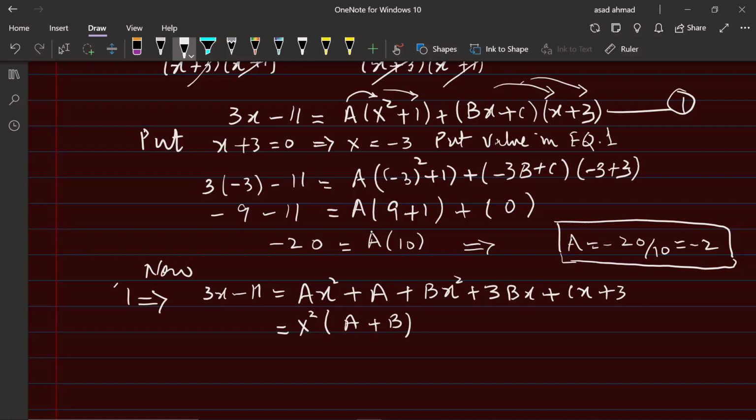The remaining will be a plus b. Then take x common, it will be 3b plus c, and then a plus 3c.